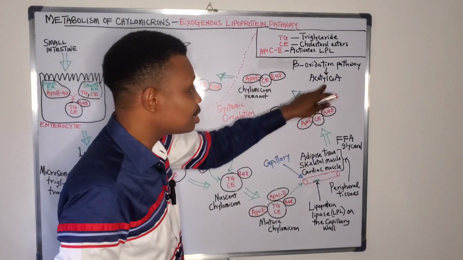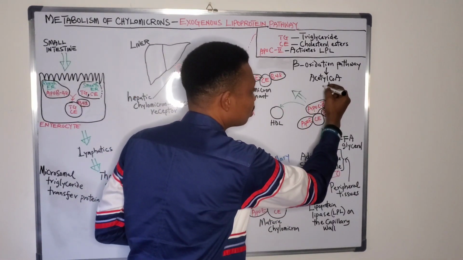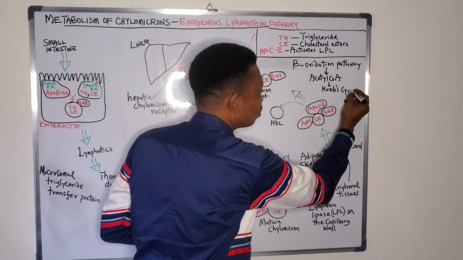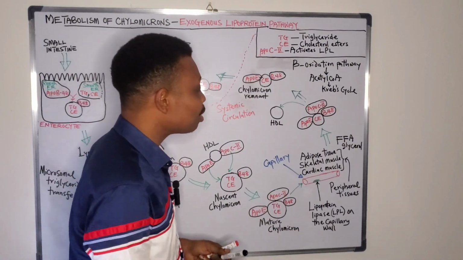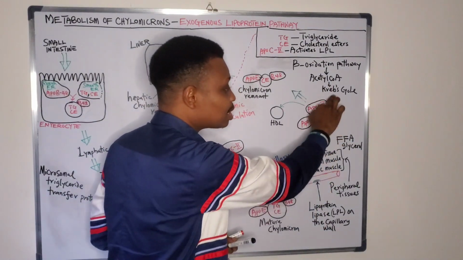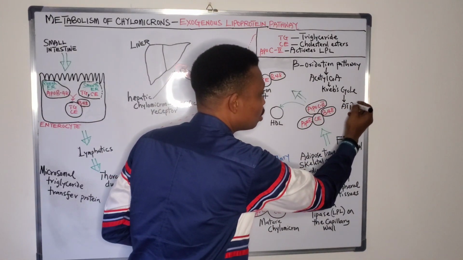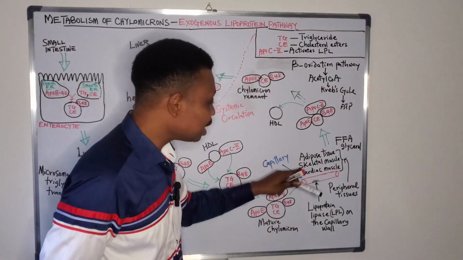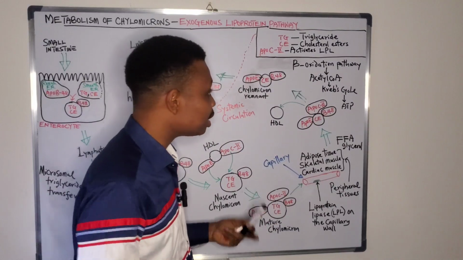Now, this acetyl-CoA will enter the Krebs cycle, also called the tricarboxylic acid cycle. Now, when acetyl-CoA enters the Krebs cycle, it will produce what? ATP, which is used to generate energy. So, the skeletal muscle and the cardiac muscle will utilize free fatty acids to generate energy.